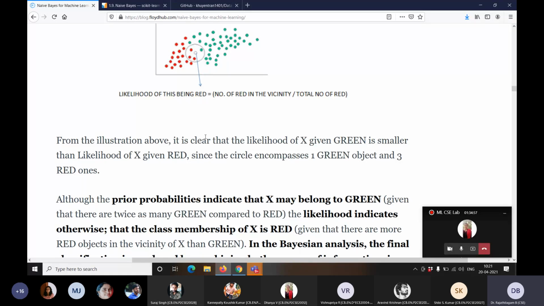There is only one green in the neighborhood, but there are 3 reds in the neighborhood. Therefore, the likelihood says that it could be red. Prior probability says that it could be green.